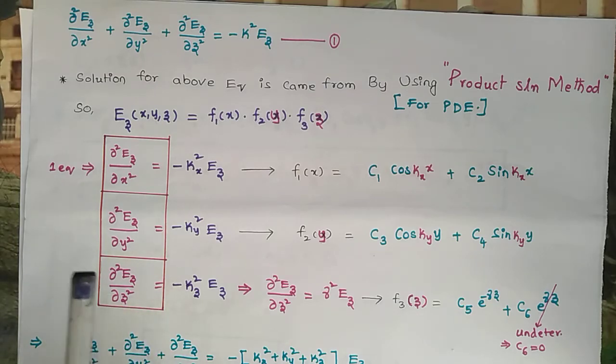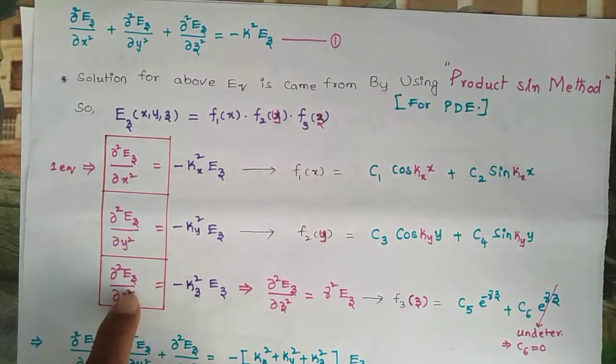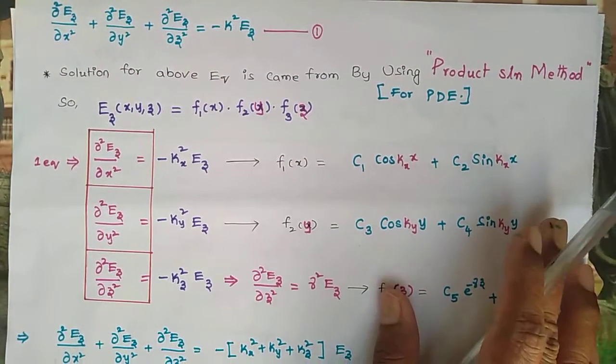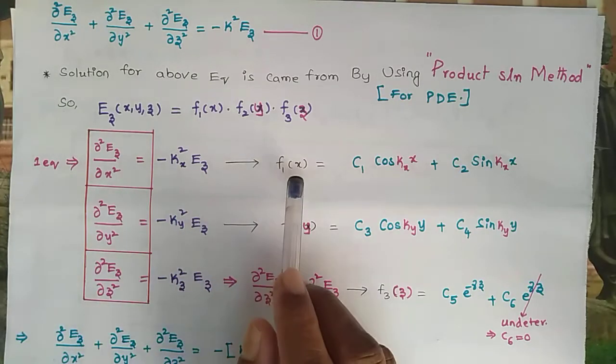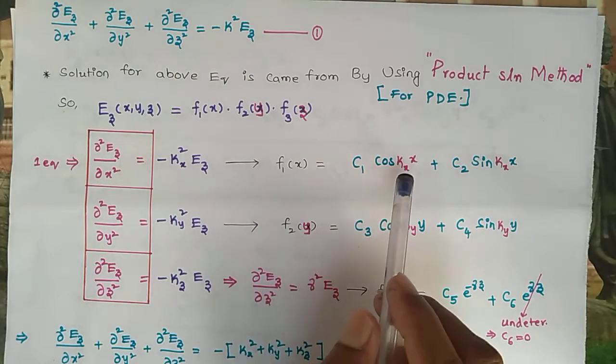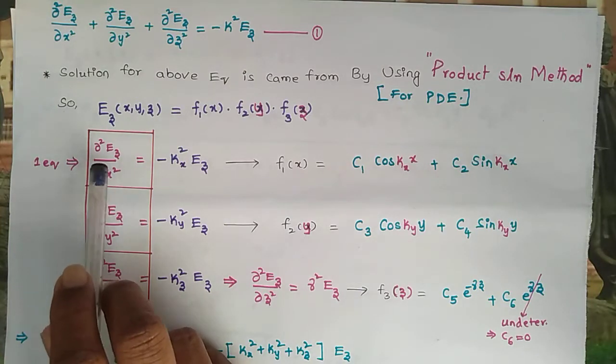I can write the solution of this equation as f1 of x. What is the auxiliary equation?